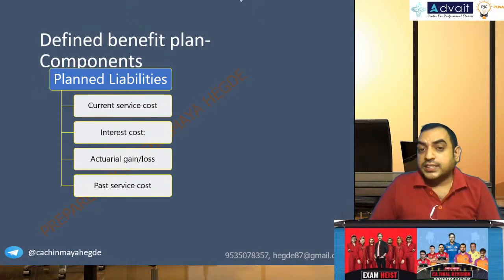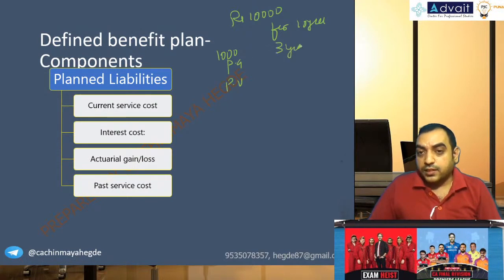When will that happen? Same example, rupees 10,000 for 10 years. You recognize current service cost of 1,000 per annum on a present value basis. But after 3 years, he revised: no, 10,000 is not good, we should make it 12,000. So what will happen now? 12,000 by 10 years means 1,200.